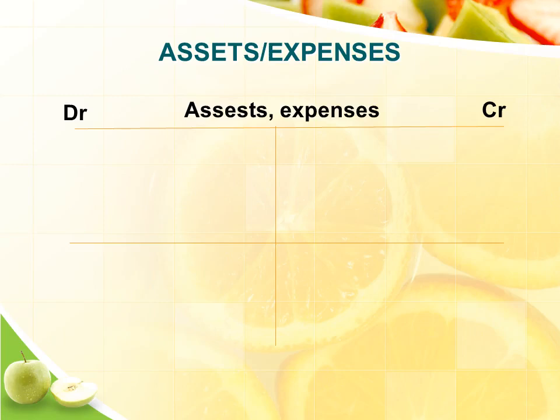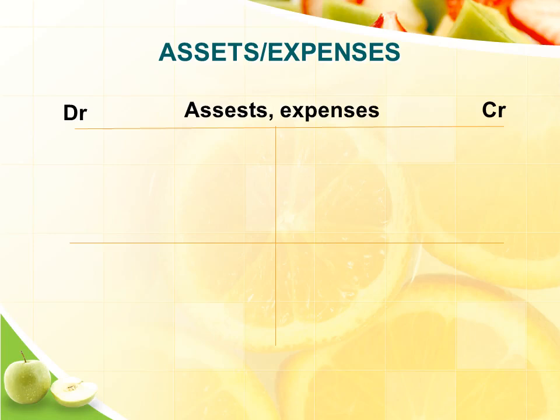In the double entry system, the problem is how to identify which account is debited and which account is credited. It depends on the rules of debit and credit. As I said before, each account group is recorded according to separate rules, and this is the T-account of assets and expenses accounts.